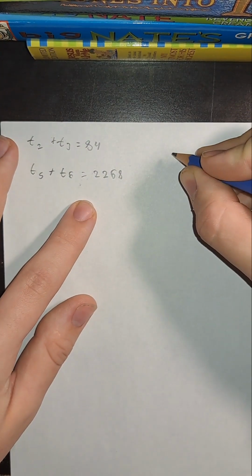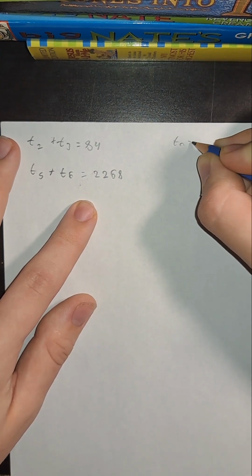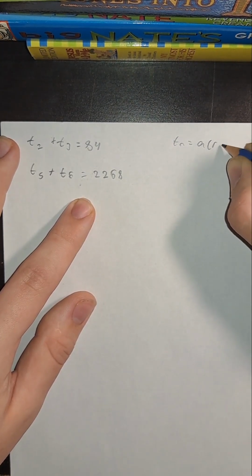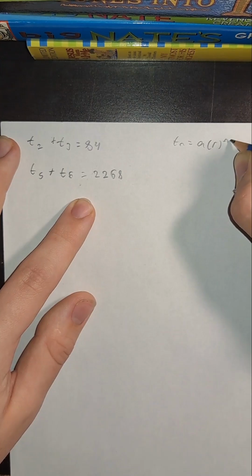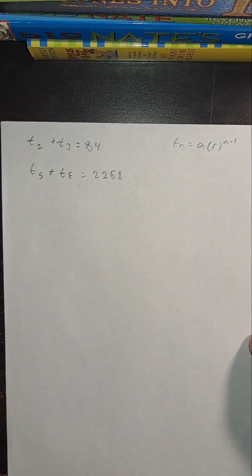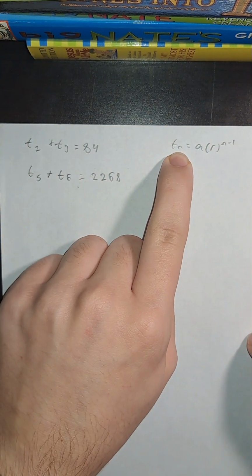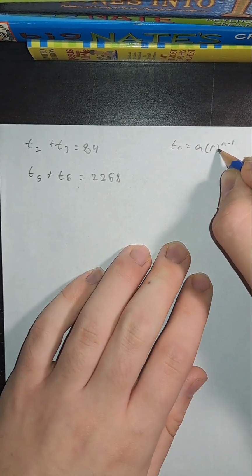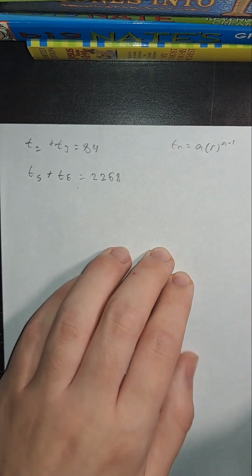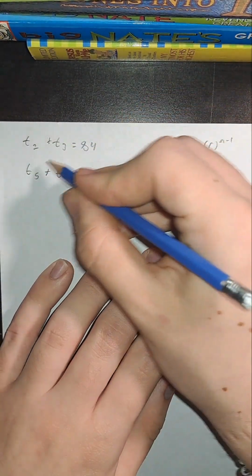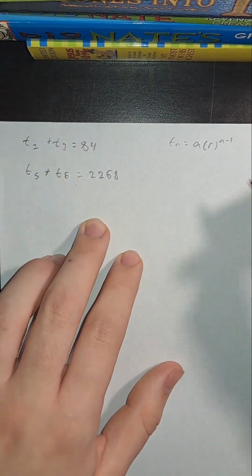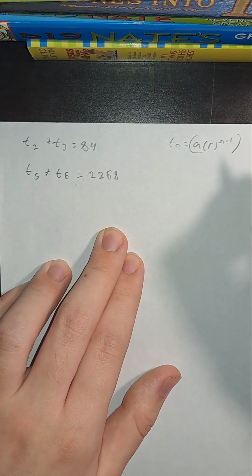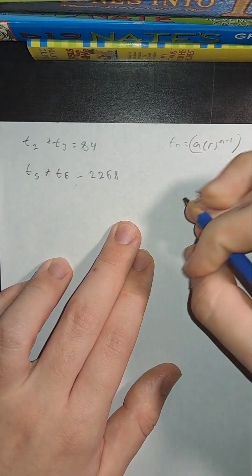All right, now what does t2 mean in terms of the general formula? For everything, it'll be tn is equal to a bracket r to the n minus 1. So we can turn, let's say t2, into a bracket r to the 2 minus 1, so to the exponent 1. Now let's put that in the equation.